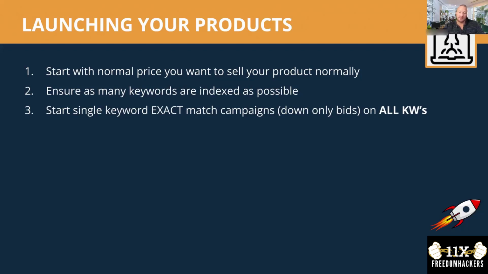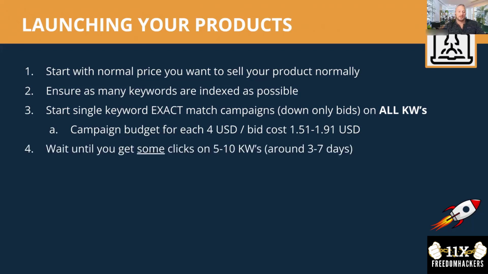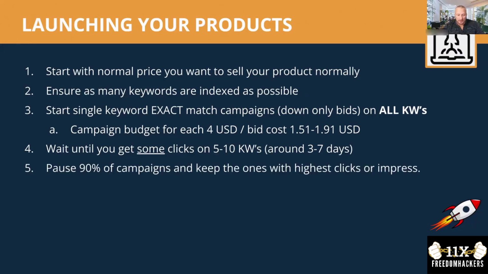Then you start single keyword exact match campaigns. Campaign budget is $4 for me. Bid cost is usually around $1 to $1.91. You wait until you get some clicks on 5 to 10 keywords, around 3 to 7 days, and then you pause 90% of campaigns and keep the ones with the highest clicks or impressions.